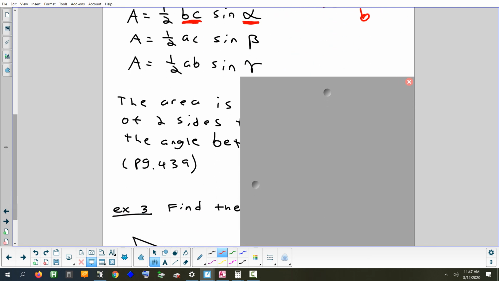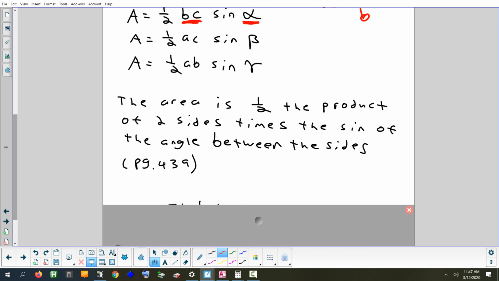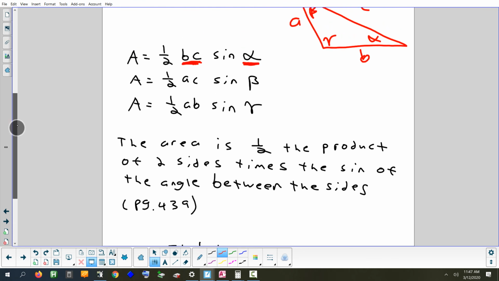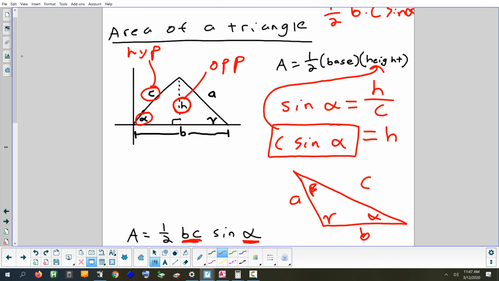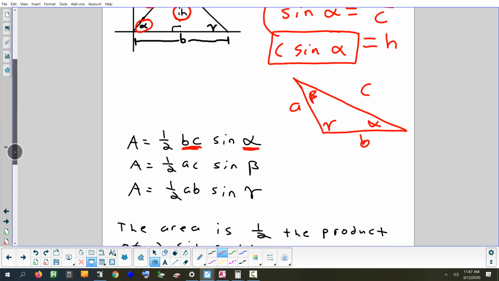What's important is what you see right there. And this is all based on what we did right here, when we used right triangle trig and we substituted in for the height. We got a formula that showed us a pattern, and we're just extending the pattern to other sides.